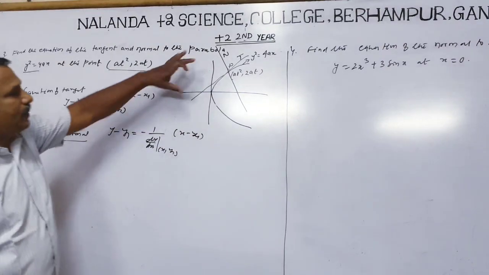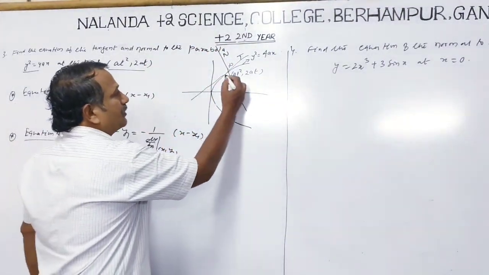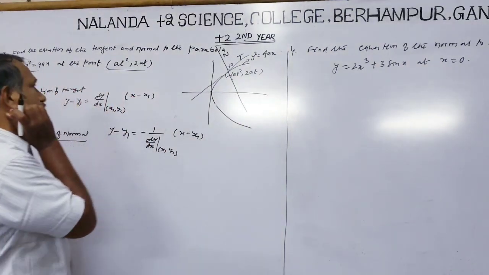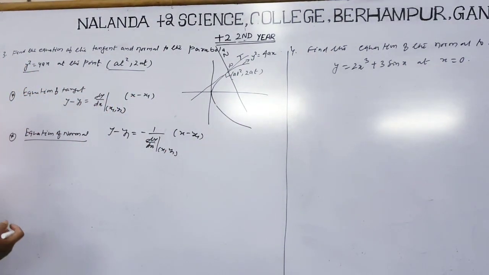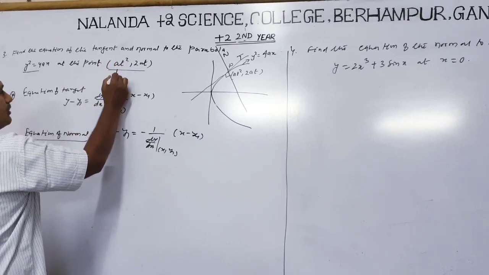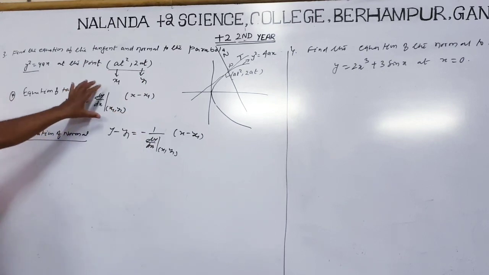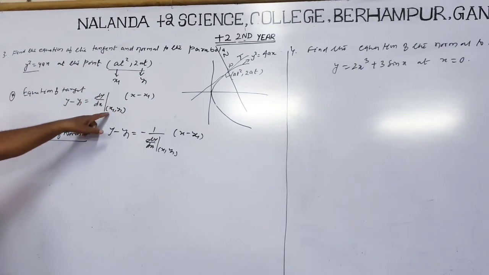Because the slope of the tangent into slope of the normal equals minus 1, these two being perpendicular to each other. The slope of the normal equals minus 1 by slope of the tangent. Now here x1 and y1 are given. So what is the dy by dx at x1 y1? Find out.